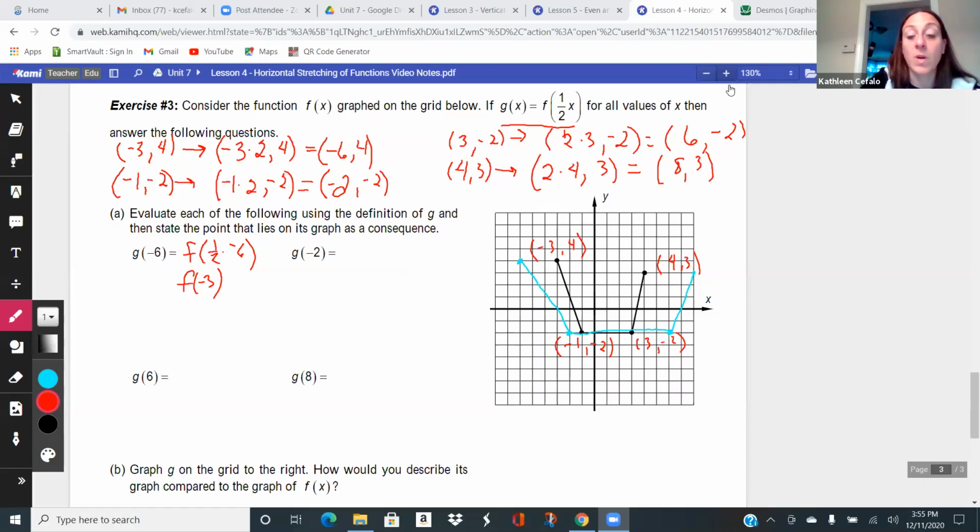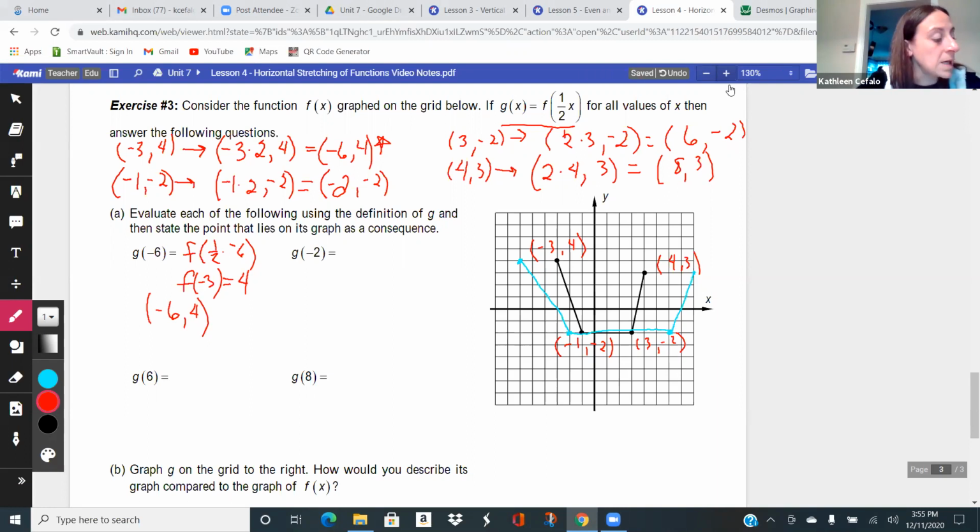Okay, so if we're taking a look at this, the f of -3, we already can see up here on this graph should be 4. So I know f of -3 is 4. So what does that give us? That gives us a new coordinate that says, if we put this all together, -6, comma 4. And notice what we had back up here. We had that answer -6, comma 4.